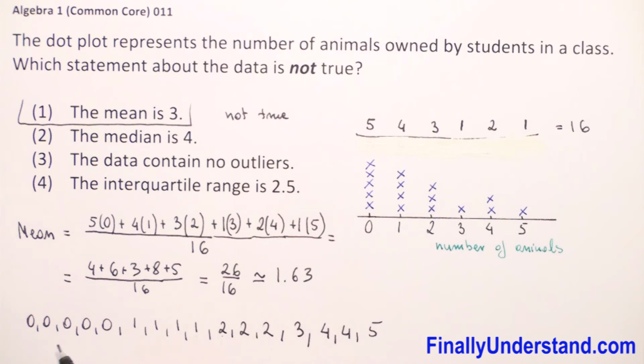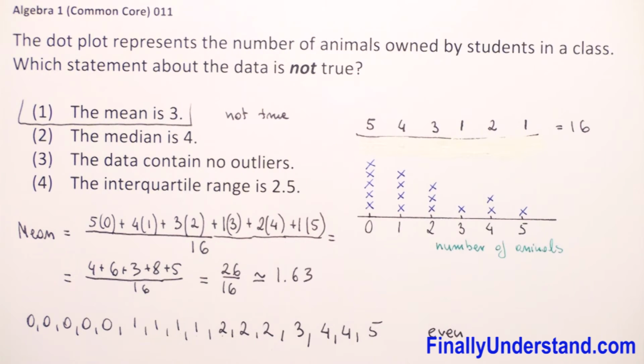We write this data in value order, and now we have to choose the middle value. Because it's 16 numbers, this is an even number, so we cannot do that directly. What we have to do is find the middle pair of numbers and then find the value that is halfway between them.